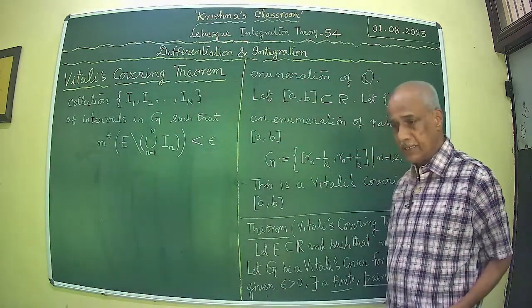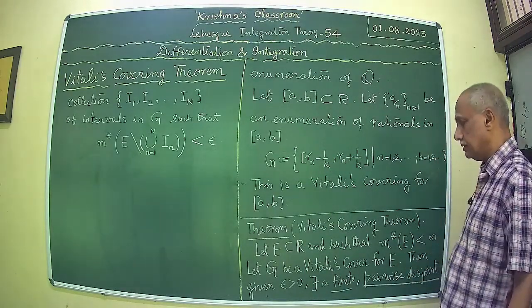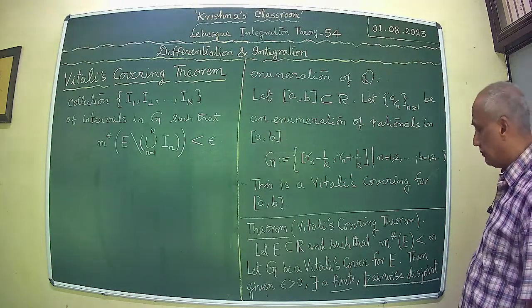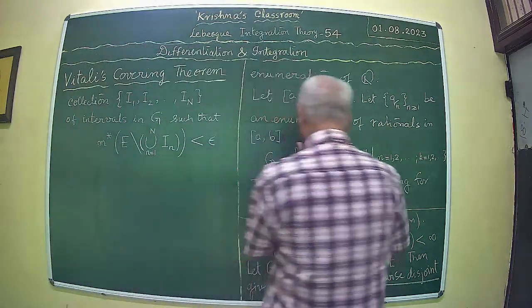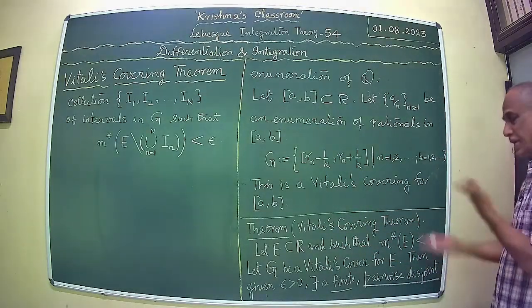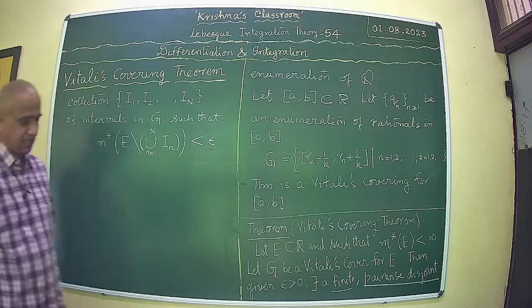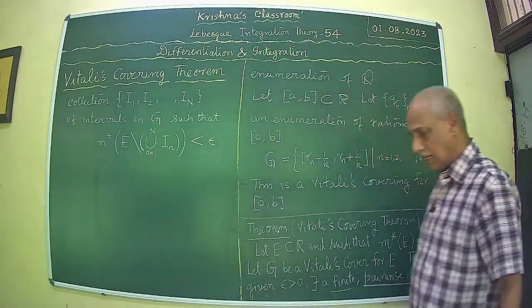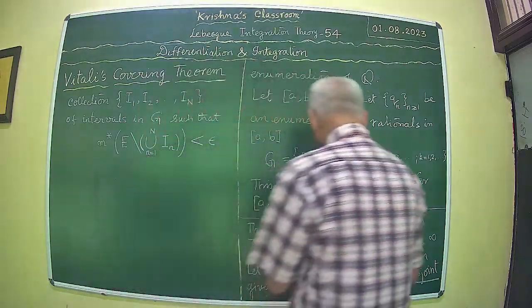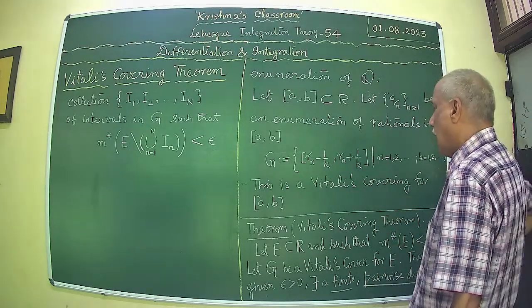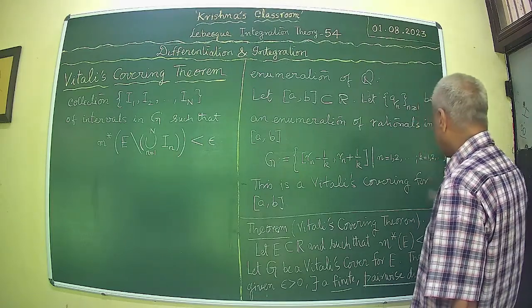What does this theorem say? It says that if E is a subset of finite outer measure and G is a Vitali cover, and it's quite easy to construct a Vitali cover, as you see in the example we have looked at, whatever be E, there is a countable collection of rationals which form a dense collection. Therefore you can choose intervals of the type r_n minus 1/k to r_n plus 1/k, where n runs from 1 to infinity and k runs from 1 to infinity.